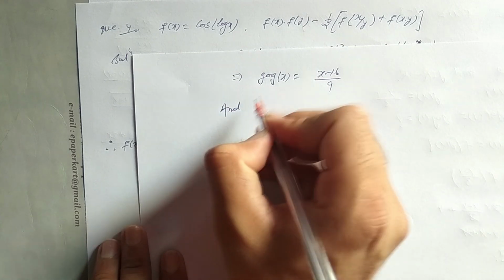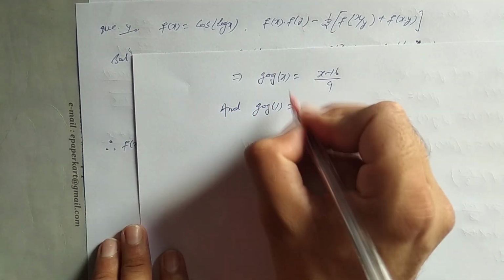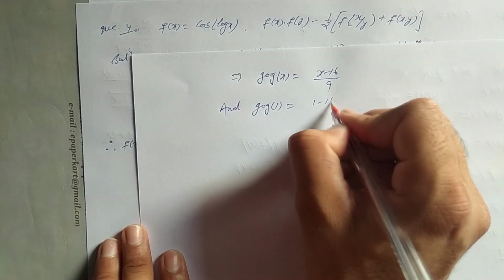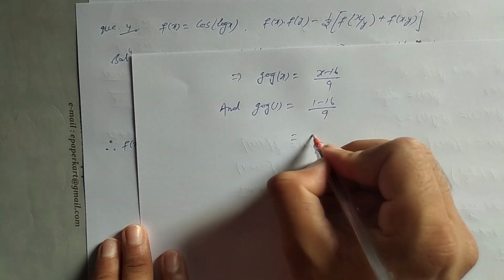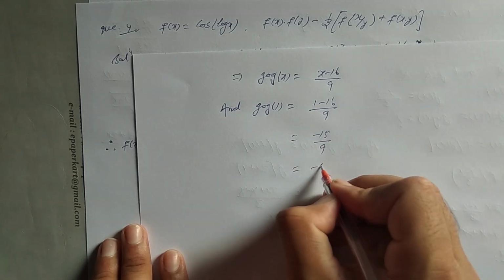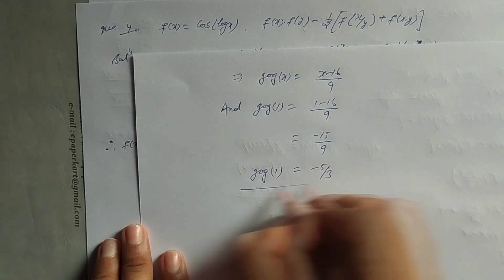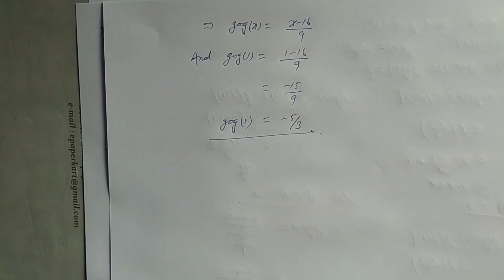Now find the value of gog of 1. x is equal to 1, so 1 minus 16 by 9 is equal to minus 7 by 9. That is the answer. Exercise 1 complete.